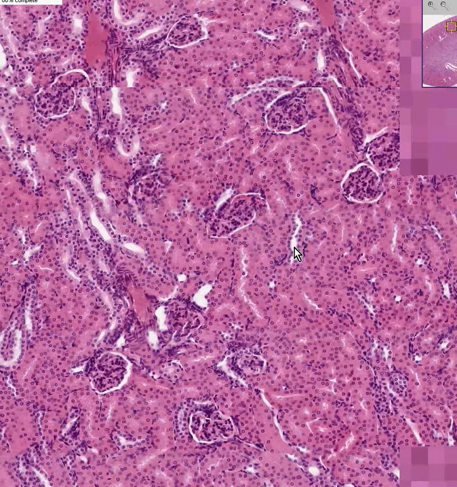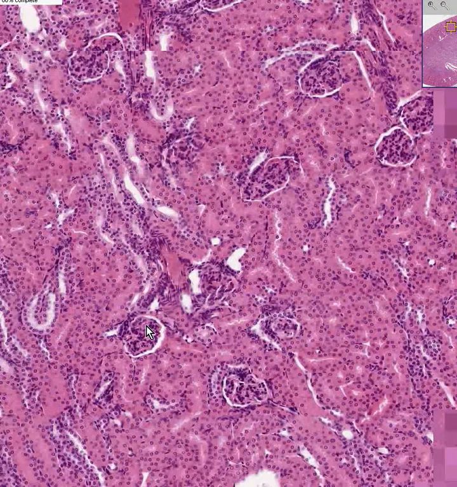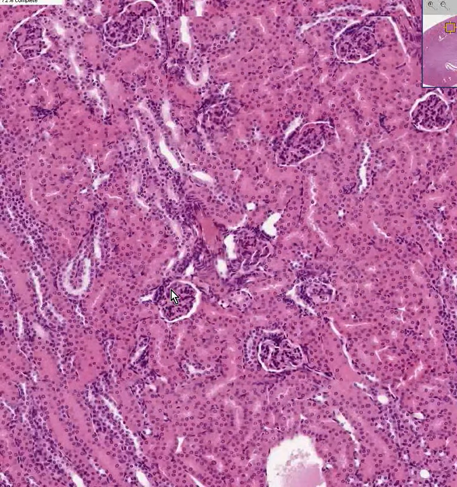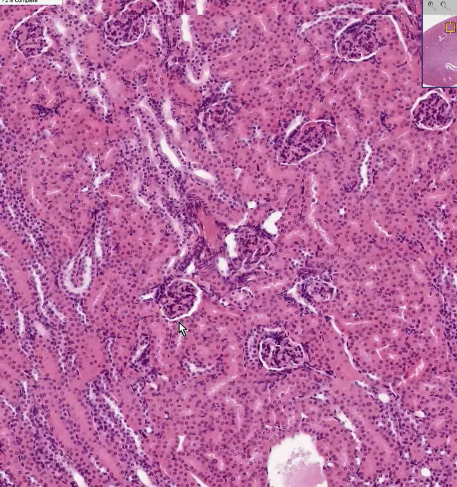Here's a distal convoluted tubule here. The rest of these are proximal, and here we have the glomeruli. The glomeruli always have a free end, which is completely surrounded by space, and that's called the urinary pole. And then they have an area of attachment to blood vessels, which is called a vascular pole.